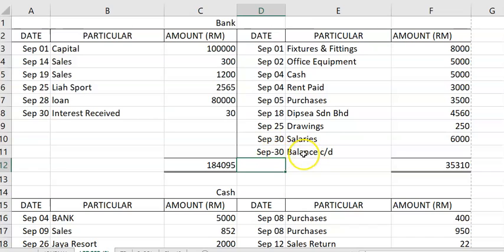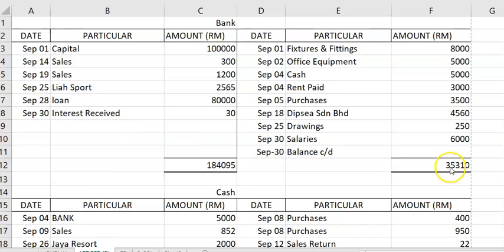So, end of the month, the word balance here is actually the ending balance. This balance is calculated by subtracting the credit side amount from the debit side amount, because the debit side has more money compared to the credit side.